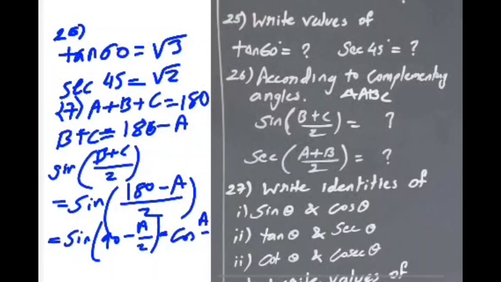So the alphabet that is not there, that you have to keep. Okay, so sec (A plus B) by 2, so that will be simply cosec C by 2. Okay, the complementary of sec is cosec. So like this you can easily solve. Okay, directly this will be cos A by 2. So the alphabet that is not there, that you have to put and consider its complementary angle.